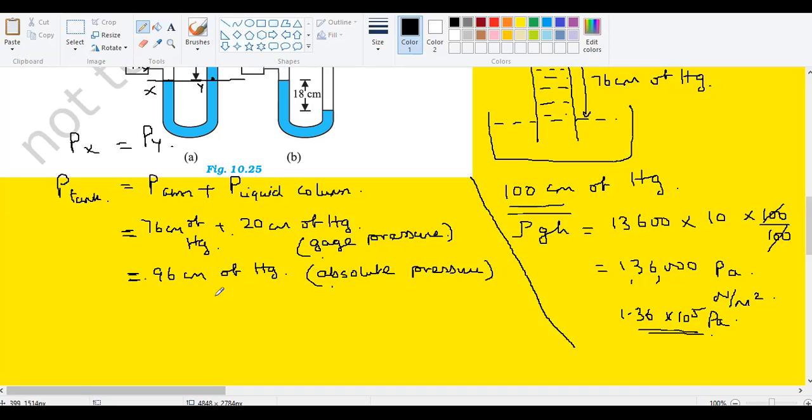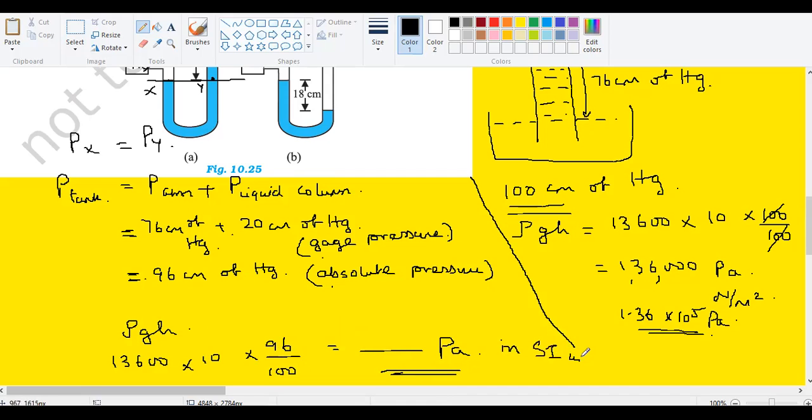So just like this one, suppose somebody asks you what is the actual value in Pascal, then I have to use rho GH. So rho is 13,600, G is 10, H is 96 centimeter, which means divide by 100. So do the math and you'll get the answer in Pascal, in SI units. So take it down. Don't get confused with these simple things.